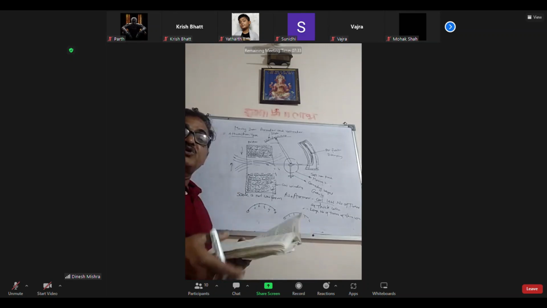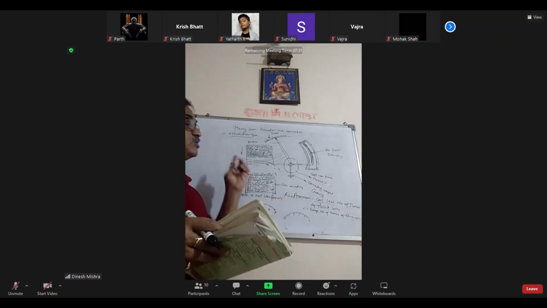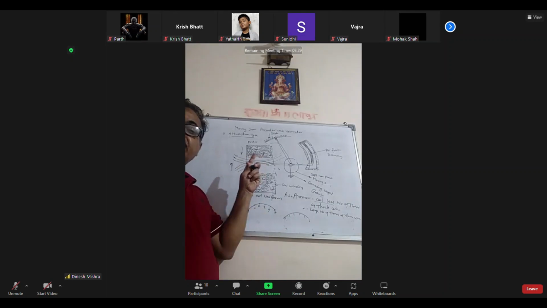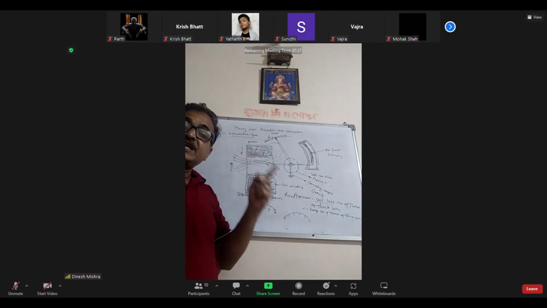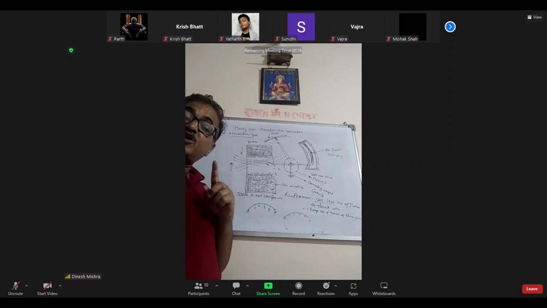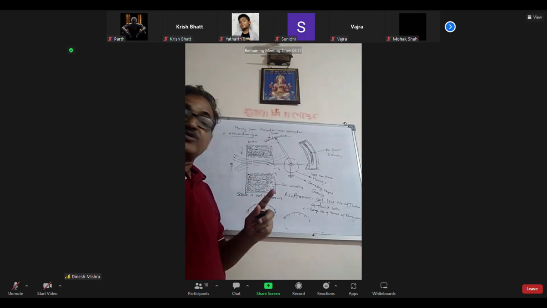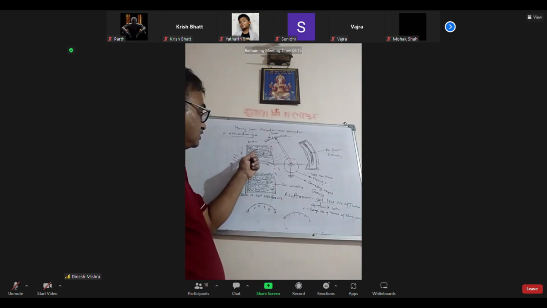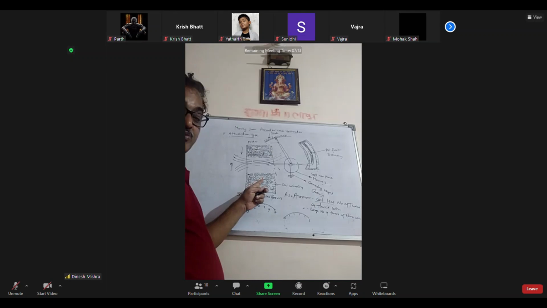First of all, what you decide: it is used to measure AC and DC current. The scale is not uniform, and the reading is not so accurate. In this instrument, the coil is divided into two parts.